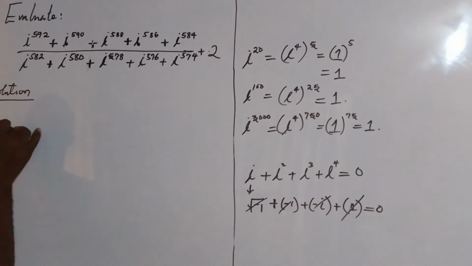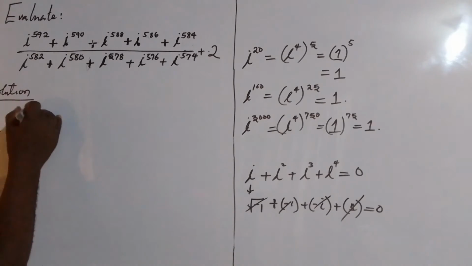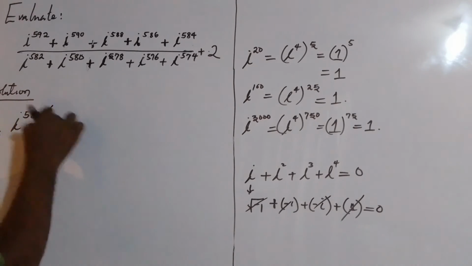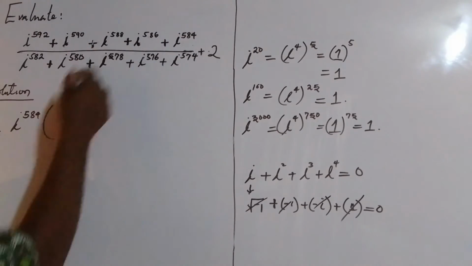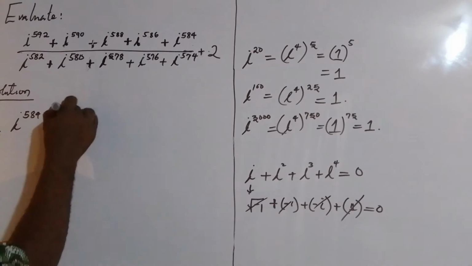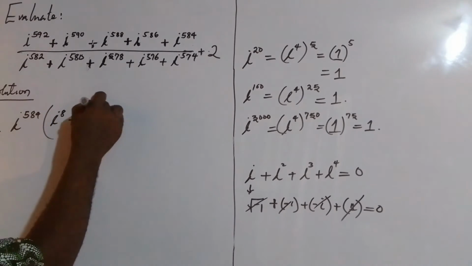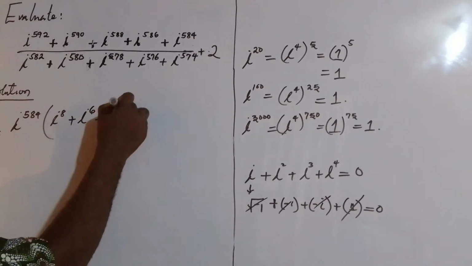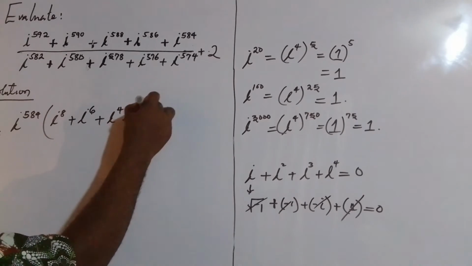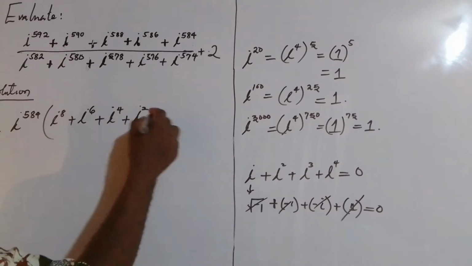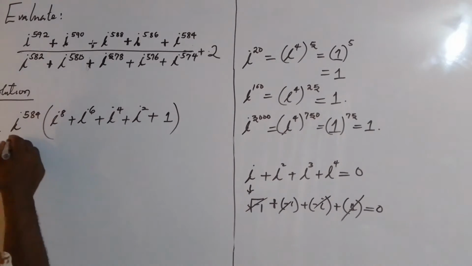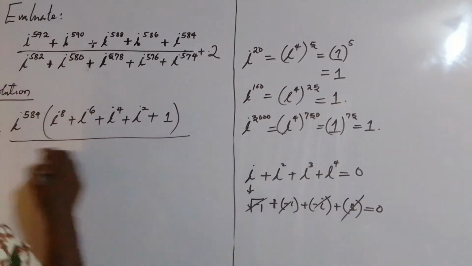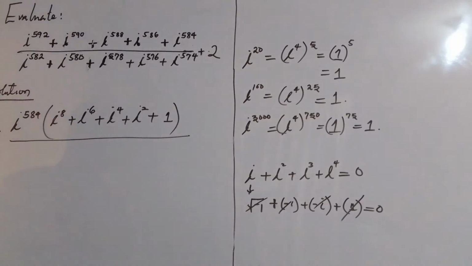So we have i to the power of 584 times, the whole of this will reduce down to i to the power of 8 plus i to the power of 6 plus i to the power of 4 plus i to the power of 2, then plus 1, divided by, the same thing happens at the denominator.